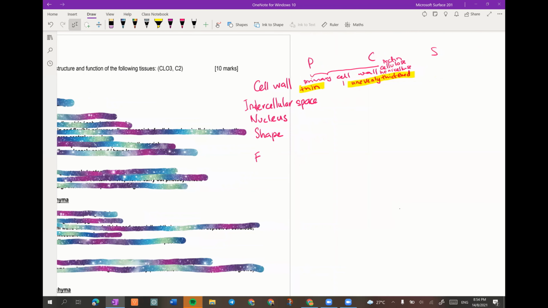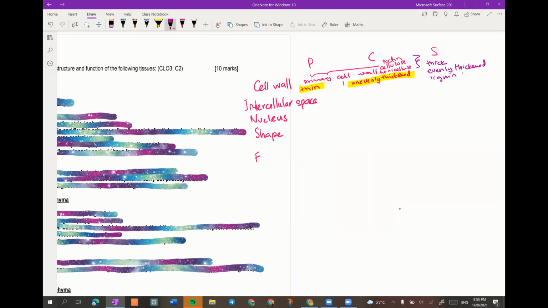While untuk the sclerenchyma pula dia ada cellulose, hemicellulose dan juga the pectin ni. Tapi dia tambah lagi, dia very thick. Lepas tu dia evenly thickened. Also dia ada lignin. Okay, itu yang buat dia power sikit, dia tebal lagi.